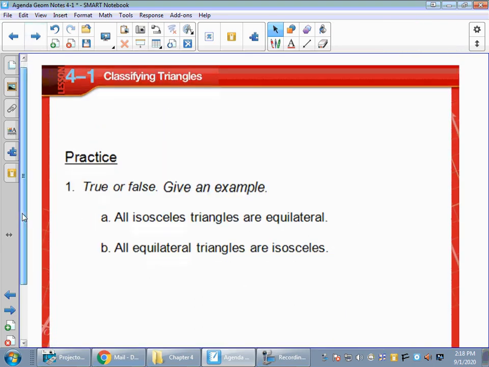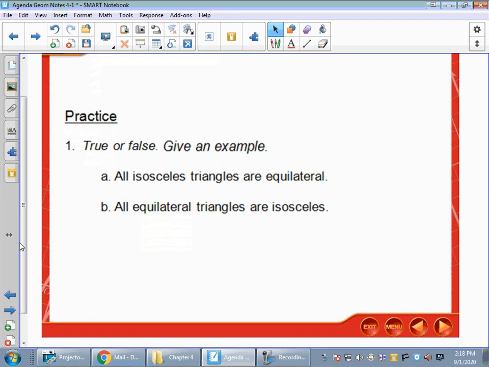First, true or false? Give an example here. All isosceles triangles are equilateral. Well, that would be no. That's going to be a false answer there, because when they ask for an example, if you can come up with a counterexample, that would be an example.